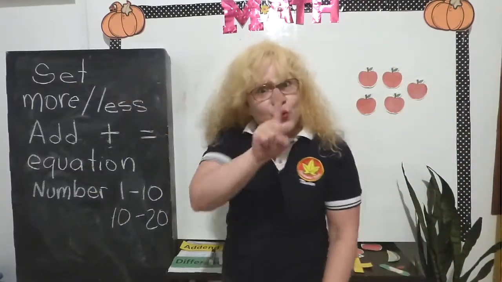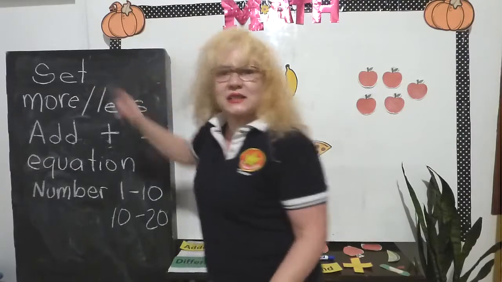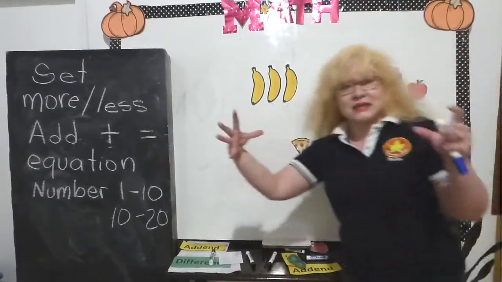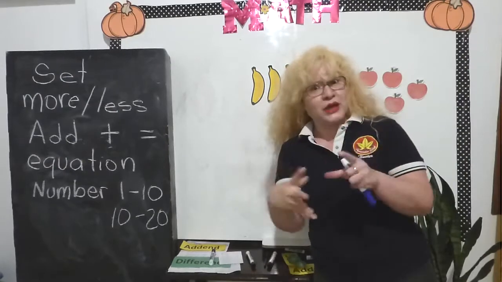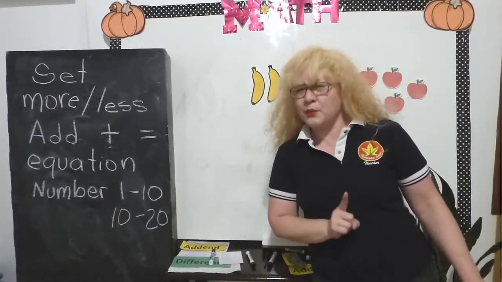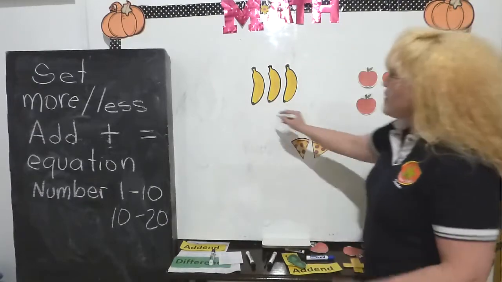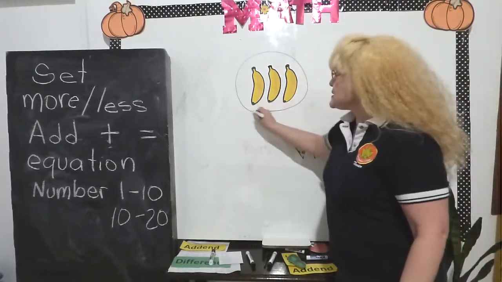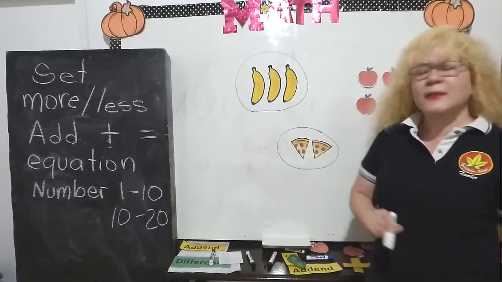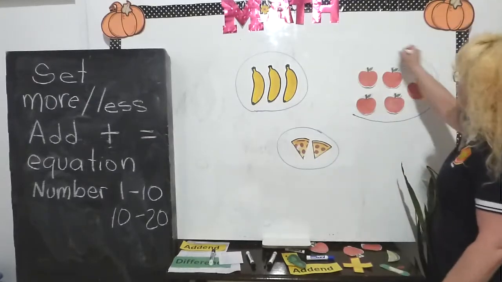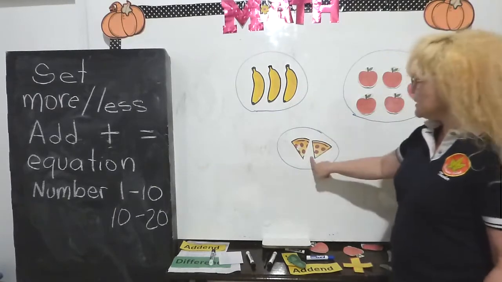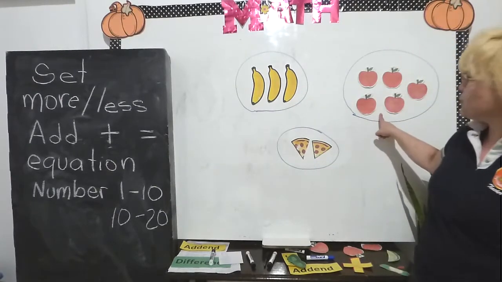Okay, the first word is set. What is a set? A set is a group of things that should go together for some reason. You made a set with your toys, remember? Now I have a set of bananas, a set of pizza, and a set of apples.